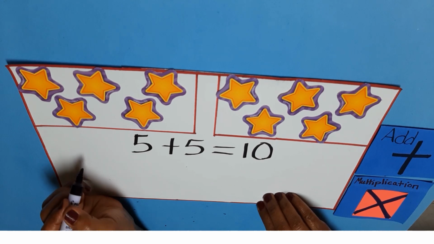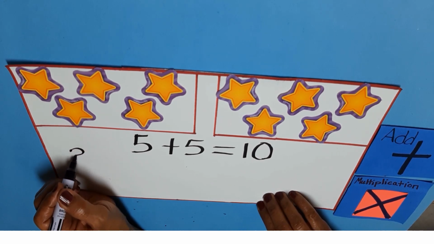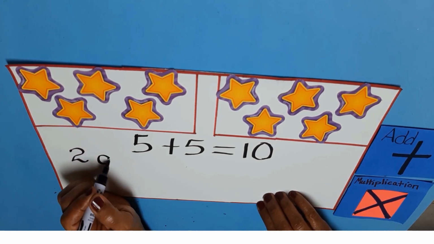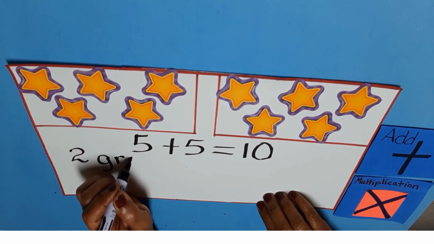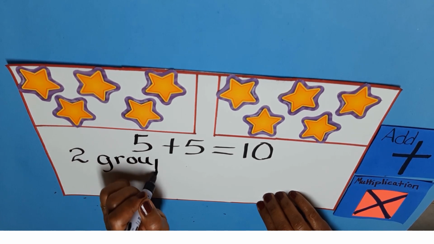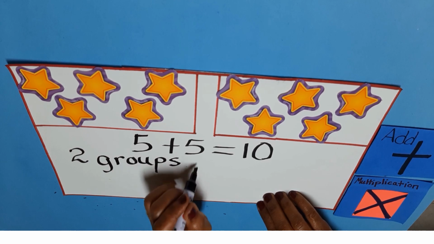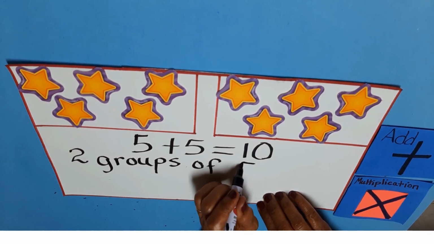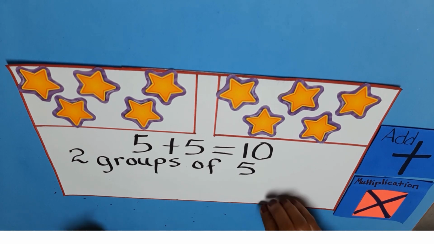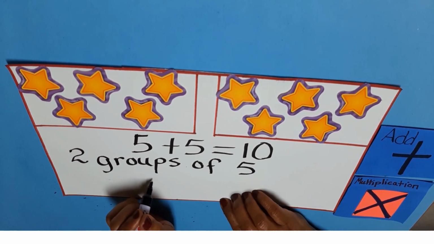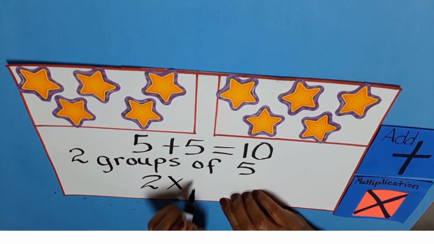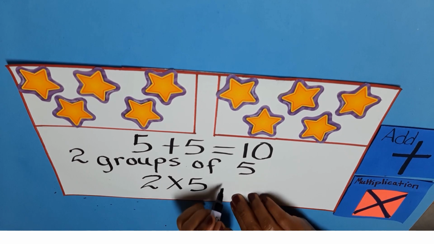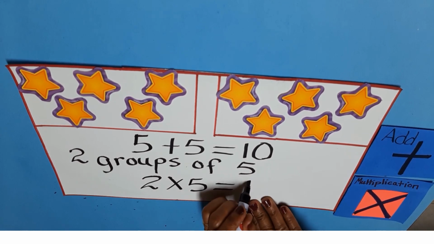Or we can say two groups of 5. And then a shorter way we can say 2 times 5 equals 10.